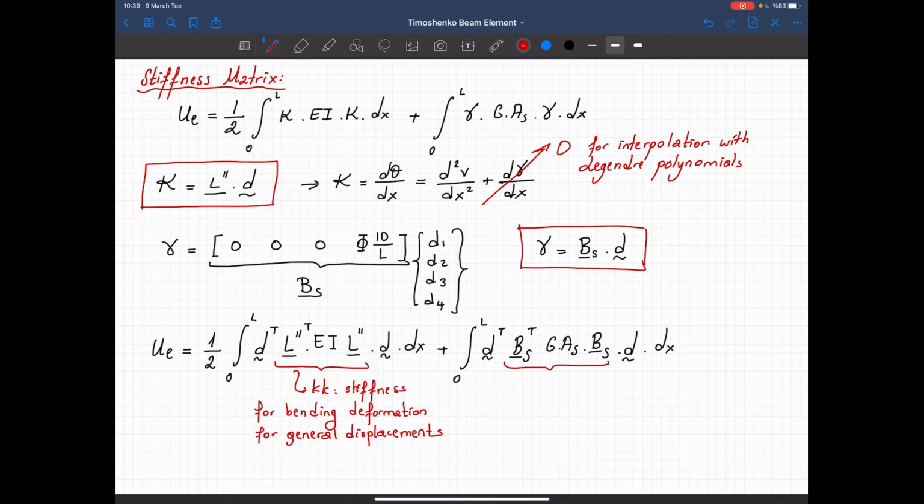And this part, I can call it KKS, stiffness for shear deformation. Again, this is for general displacement interpolation.